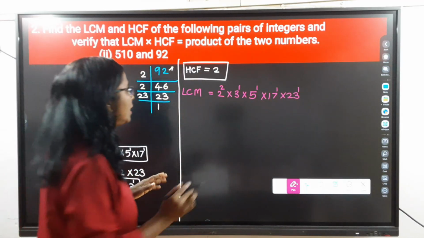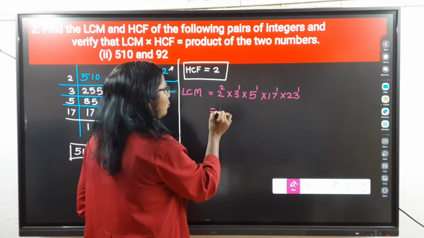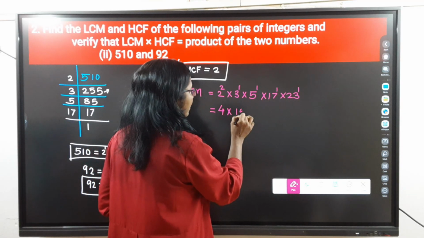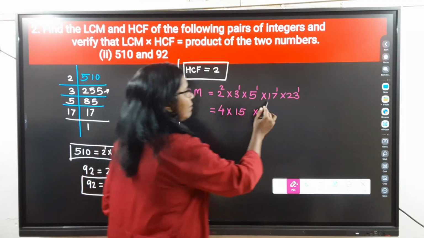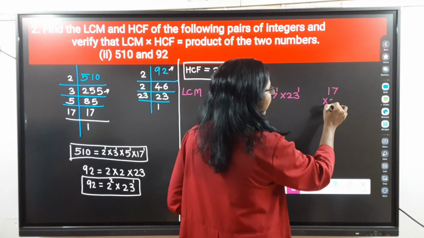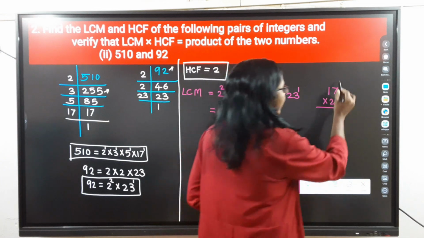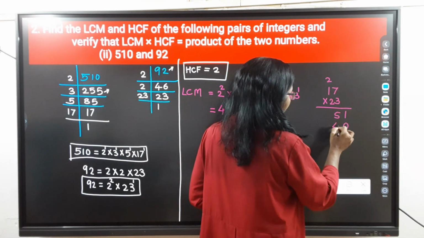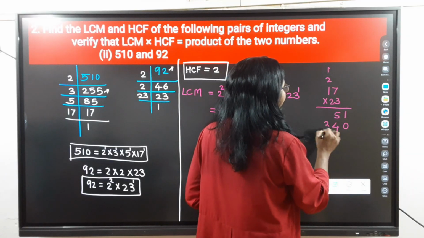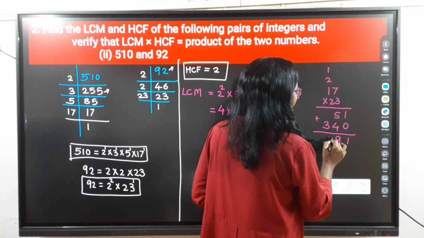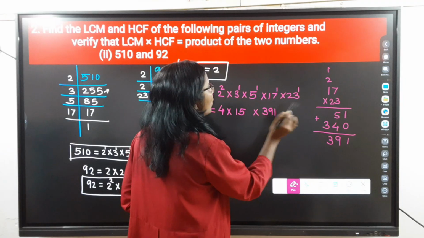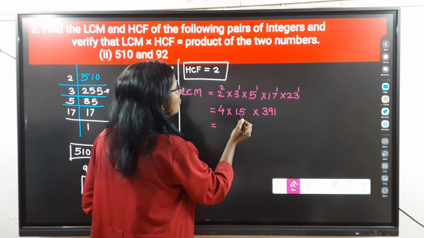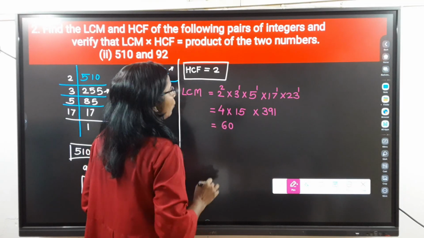That means the square of 2, that is 4. Then 3 5s are 15. Multiply now 17 multiply 23. 17 multiply 23, that means 391. Now the product of these numbers, 4 and 15, is 60.